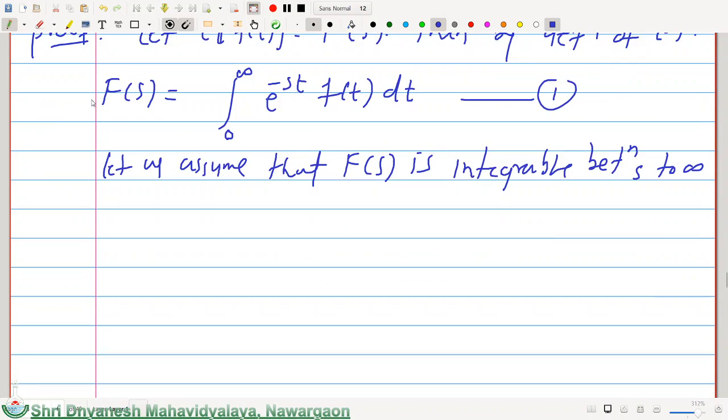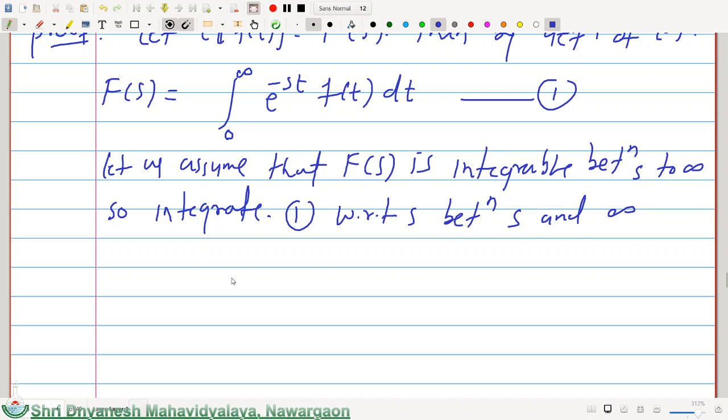Then we integrate 1 with respect to s between the limits s and infinity.